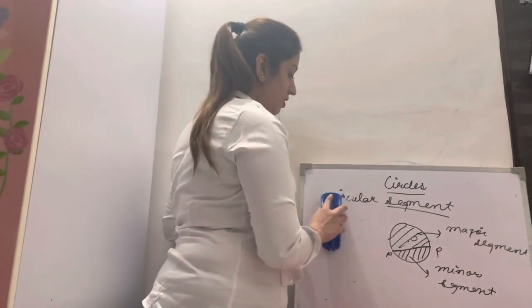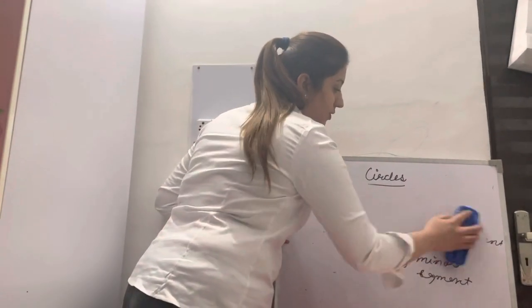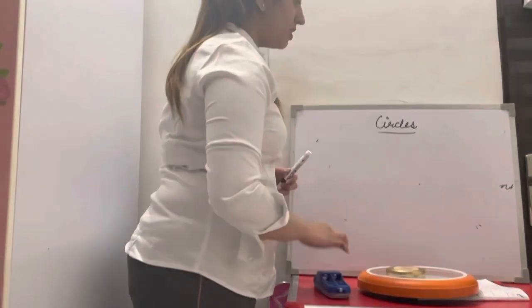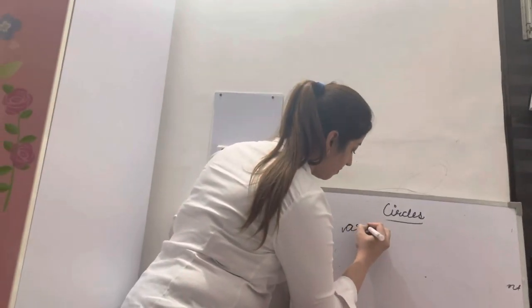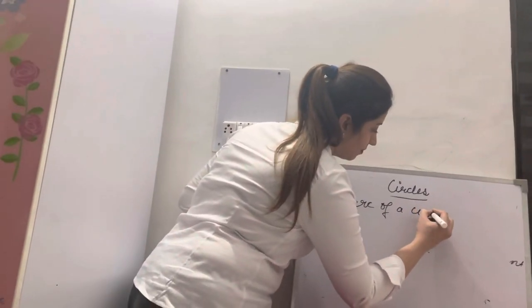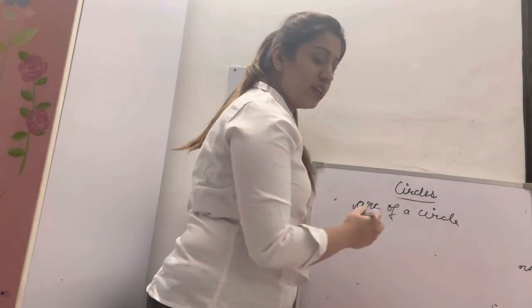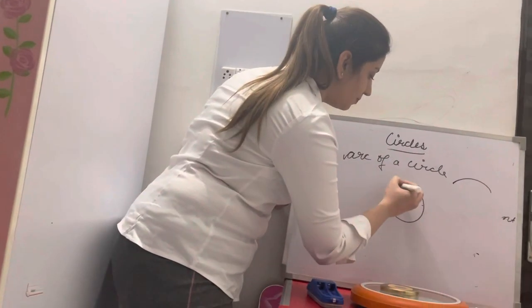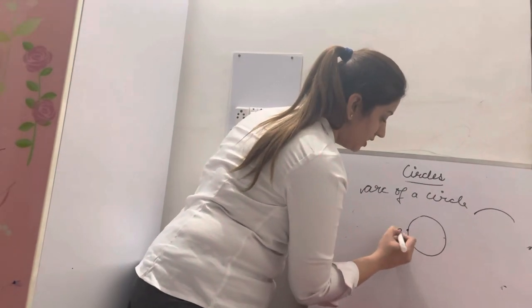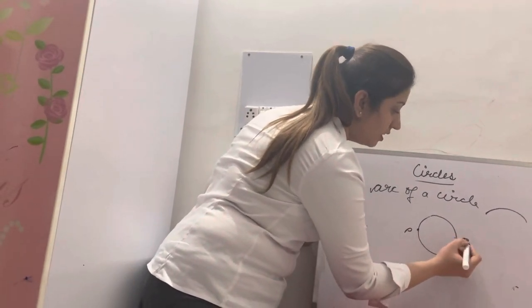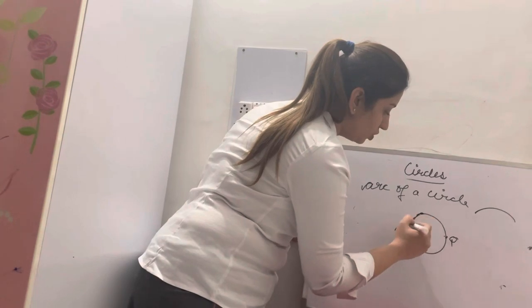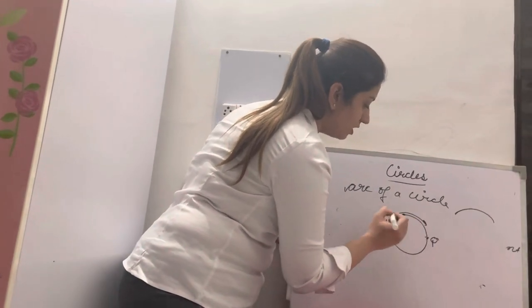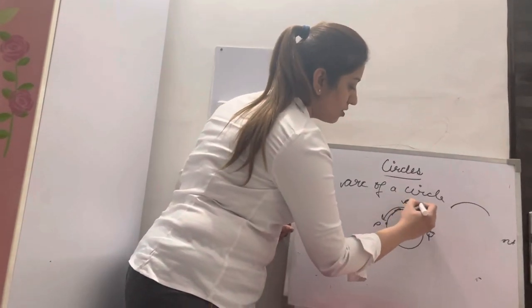Now comes the arc of a circle. The shape of an arc is like this. If I make a circle and mark 2 points on it, the portion between the 2 points forms an arc of the circle.